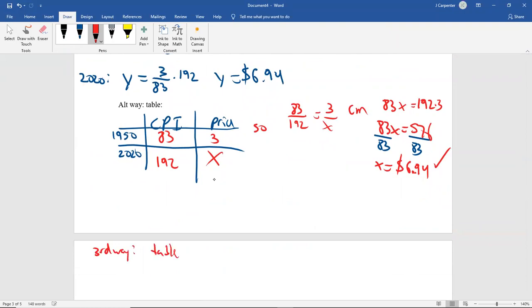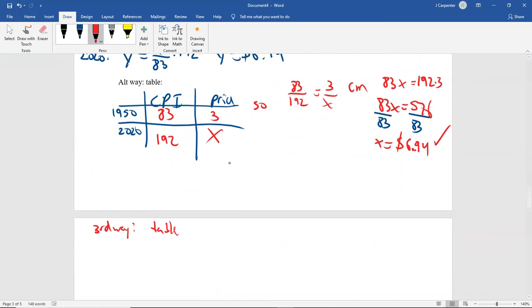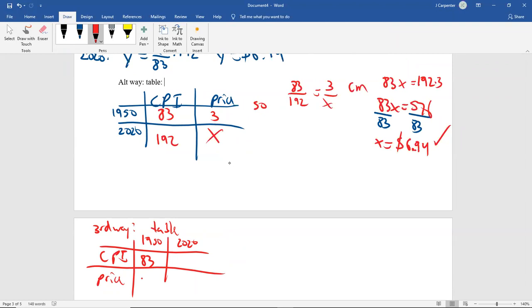Some people say, well, why did you choose to do the CPI this way and the price this way? Why didn't you make those the horizontal? Okay, let's do it that way. So let's do CPI and price. I can flip-flop the order of those, it doesn't matter. And now I'm doing the years as 1950 and 2020, those are the verticals. Well, the CPI for 1950 was 83. The price in 1950 was 3.